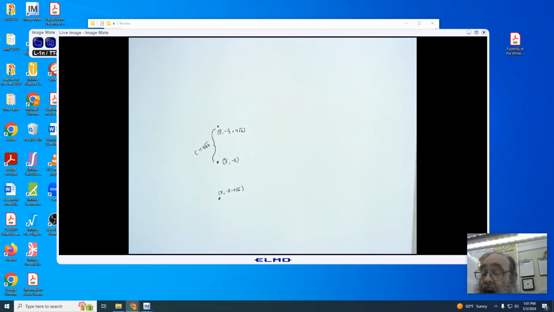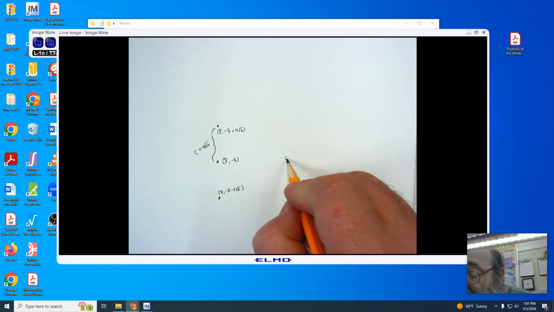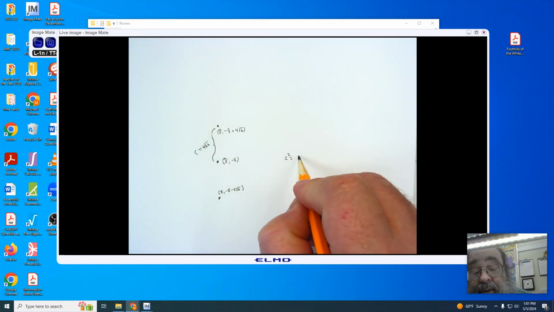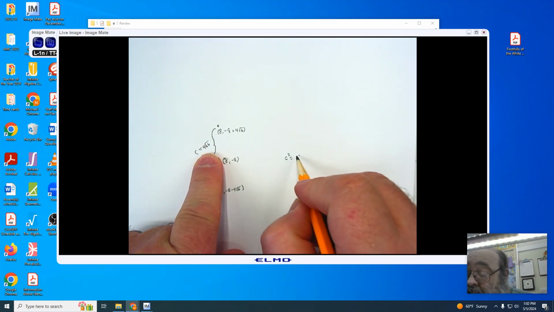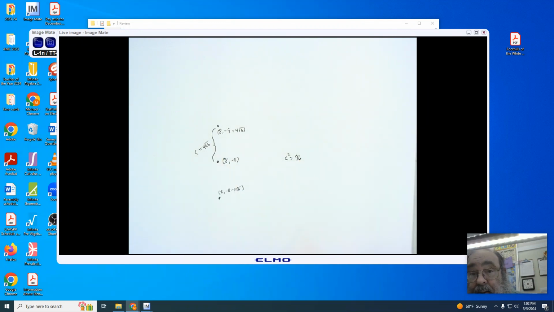So we currently have our h, our k, and we can find our c squared, which is the square of this, and that comes out to be 96.